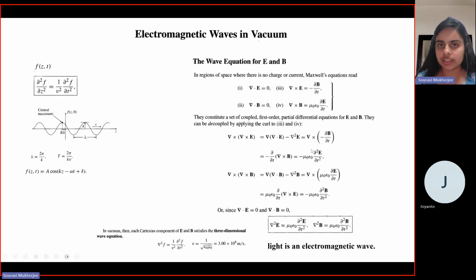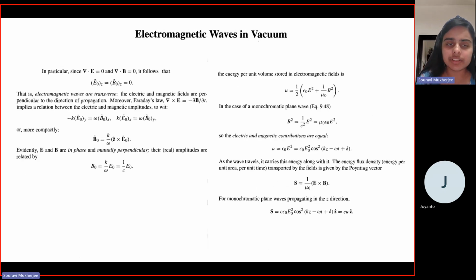So this was about electromagnetic waves in vacuum, moving in free space. And there we saw how we understand that electromagnetic waves are transverse. If you recall and try to use the boundary conditions, you would see that because divergence of E and divergence of B go to zero, the component of the electric or magnetic field in the direction of propagation of your wave should be zero, which means electromagnetic waves are transverse.